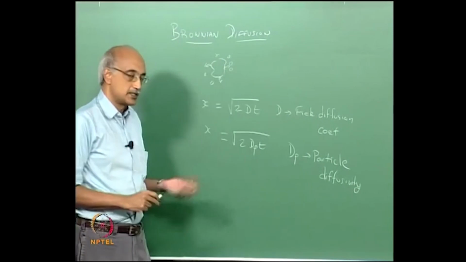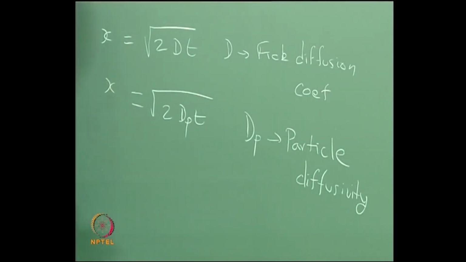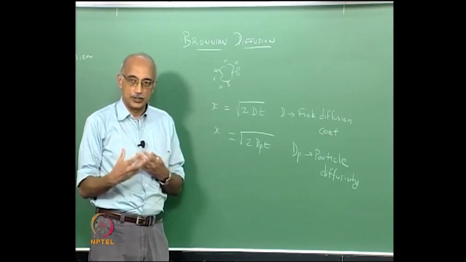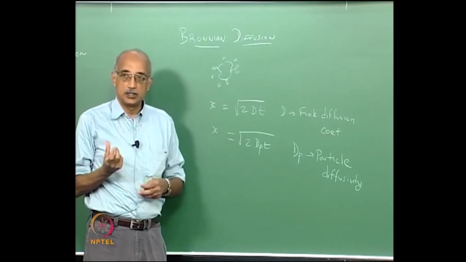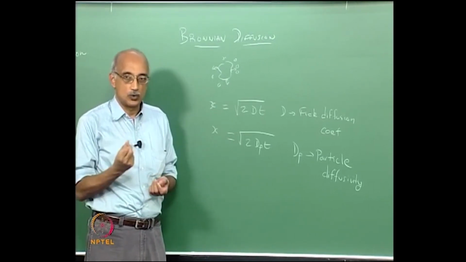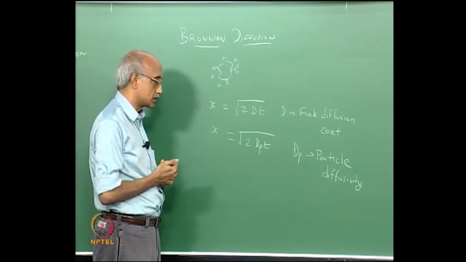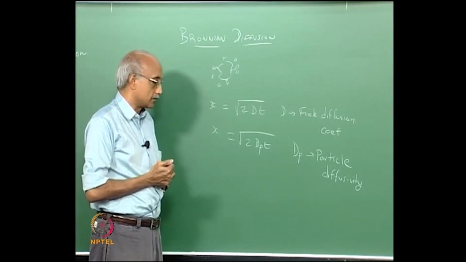So, these equations basically say that the particles will experience a net movement due to these repeated and random collisions, and it goes as the square root of both the diffusivity as well as the time over which the diffusion process is occurring.